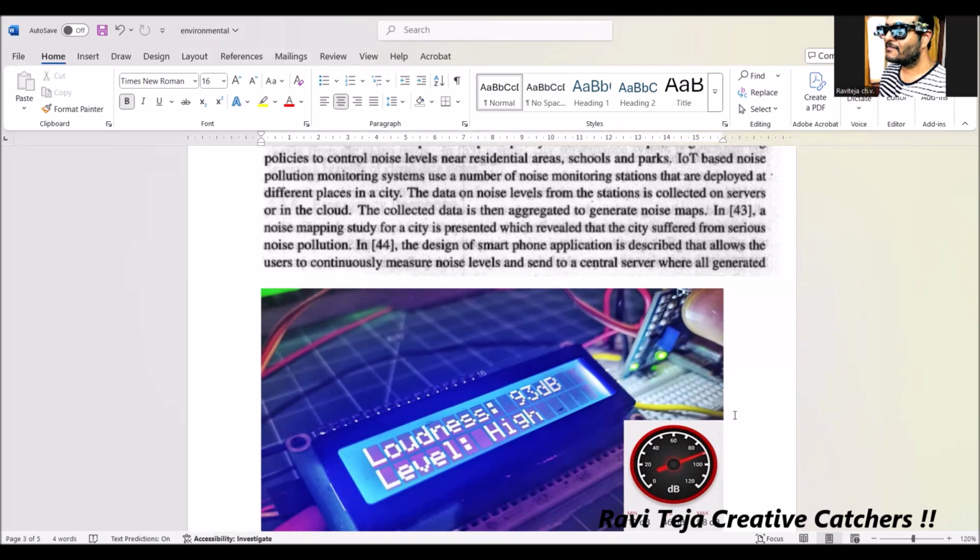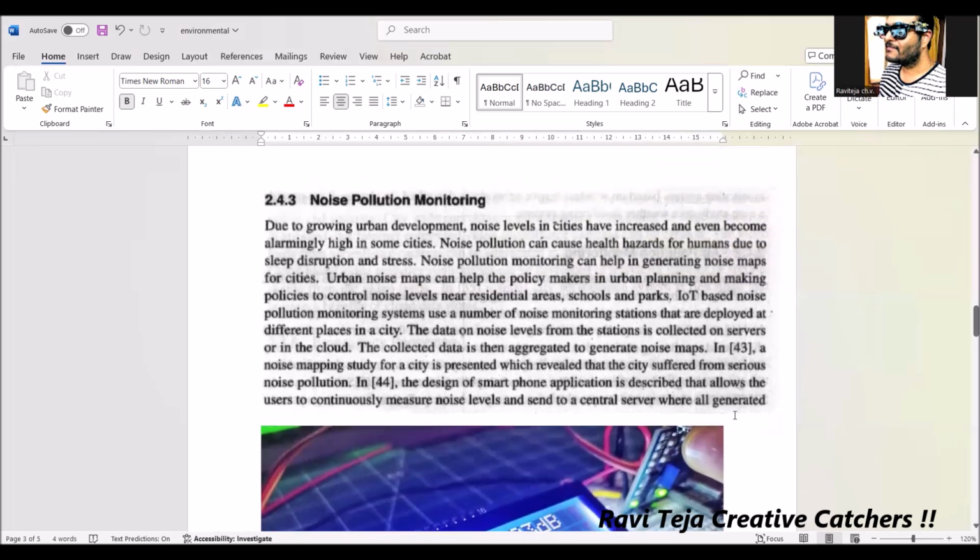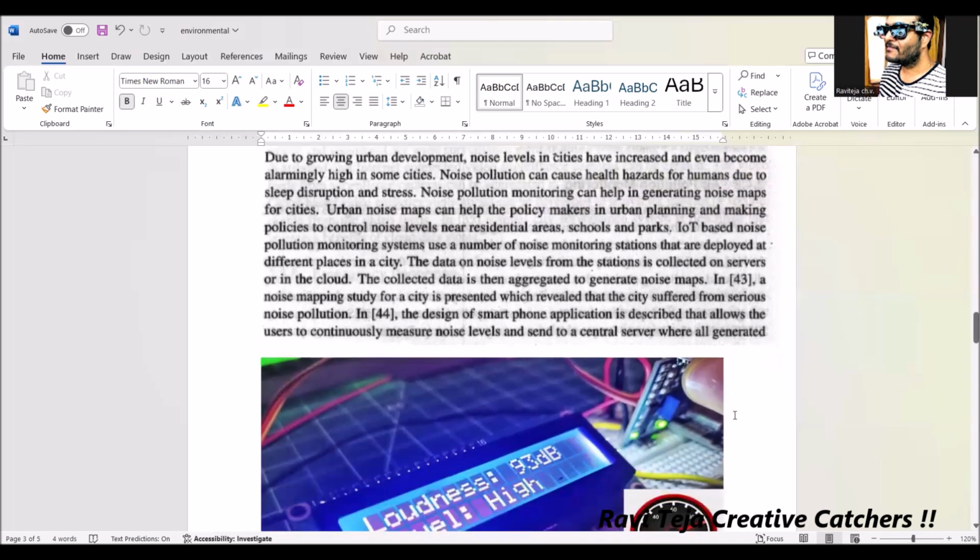The red light time keeps increasing as people keep on honking. So in order to avoid this, people should not honk, such that the red light time will be reduced, there will be a green soon, and people can move fast. These are the kinds of applications implemented in noise pollution monitoring.